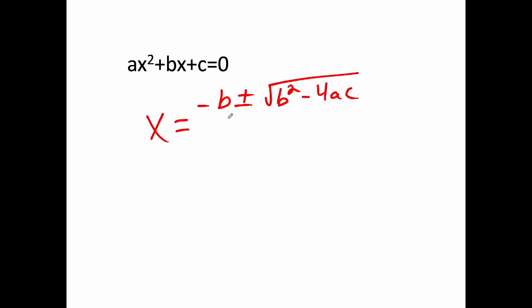I'm not going to go through the process of solving for x on the video, but x is equal to negative b plus or minus the square root of b squared minus 4ac all over 2a. So you're going to substitute in the value of a, the value of b, the value of c into this formula.